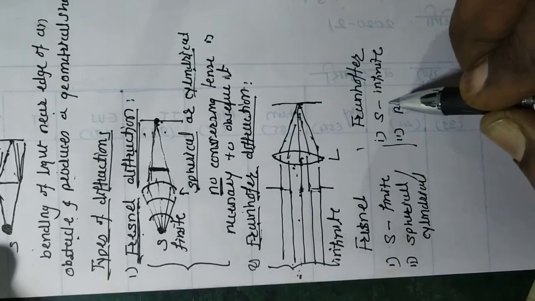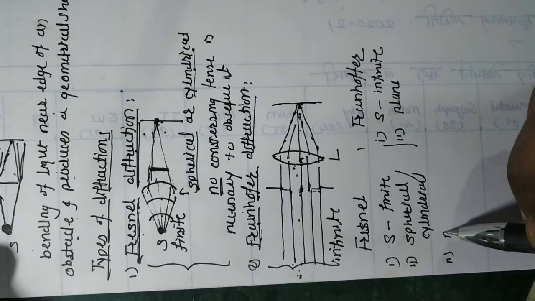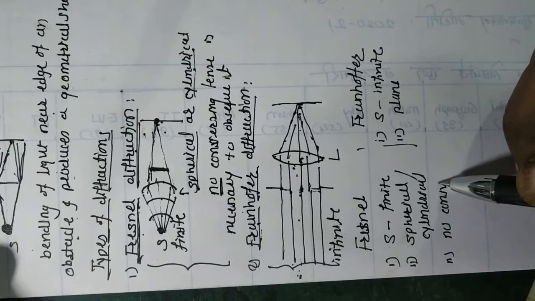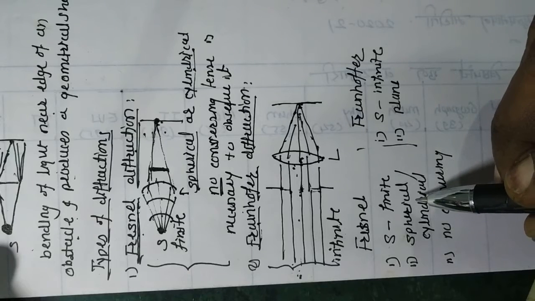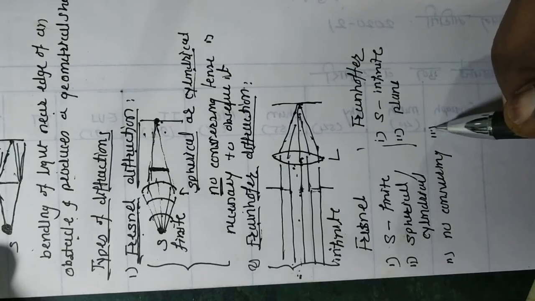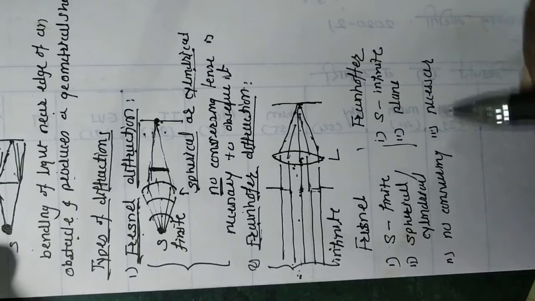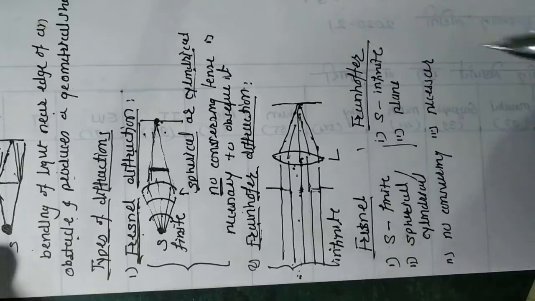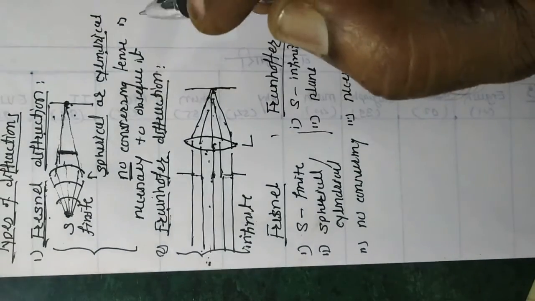Incident wavefront is plane. Third one, no converging lens is necessary to observe diffraction pattern. Here converging lens is necessary to observe diffraction of light. These are two types of diffraction.